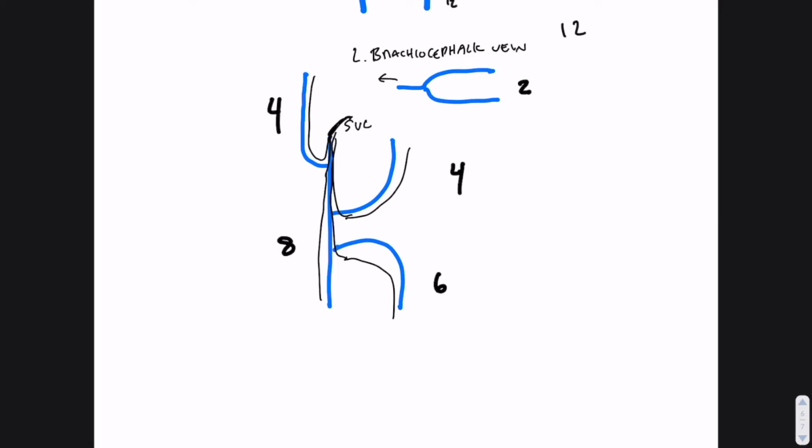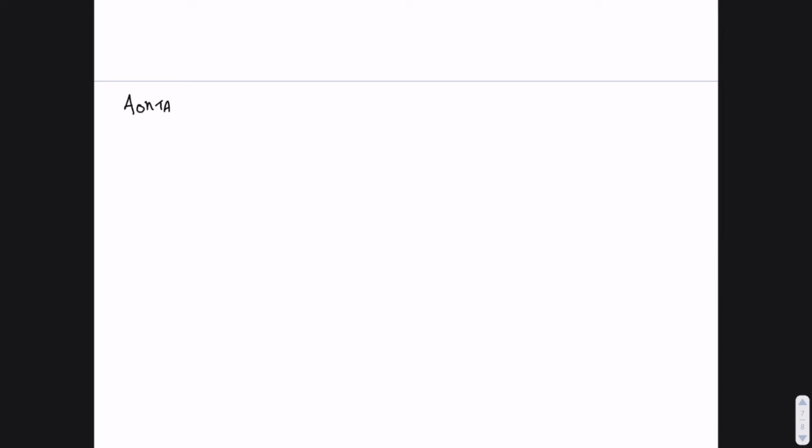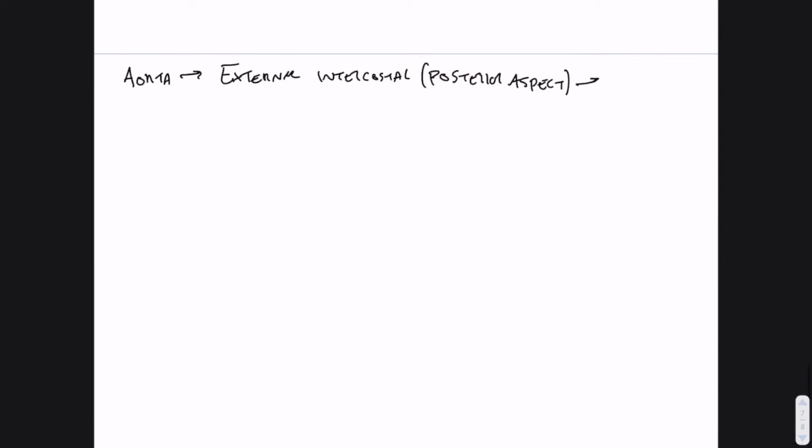So now if we look at a blood trace using this, we're going to do one here. We're going to do the aorta to the external intercostal, the posterior aspect, and then we're going to go back to the heart.